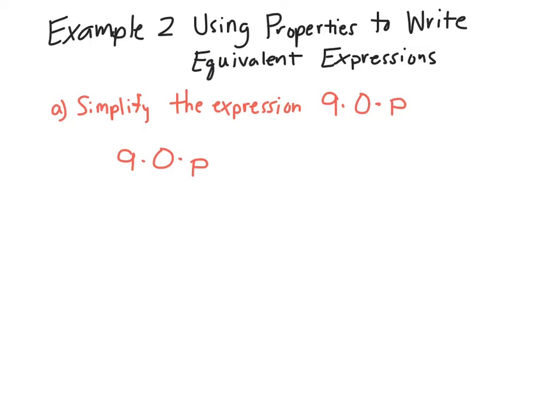You learned from our multiplication property of 0 and 1 that the product of any number and 0 is 0. So we can start off by using the associative property and grouping 9 times 0 together, then times p.